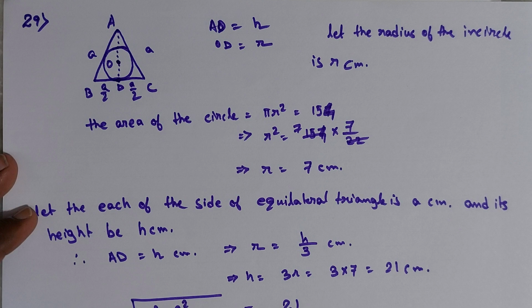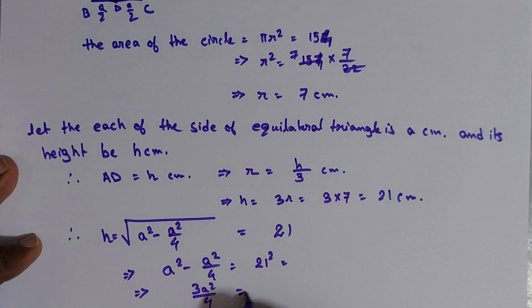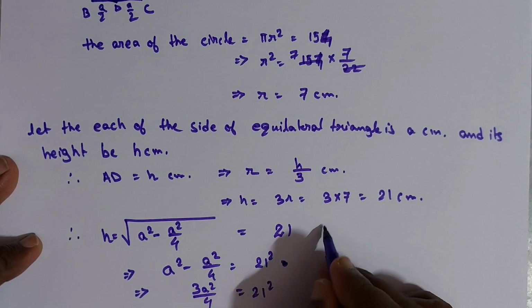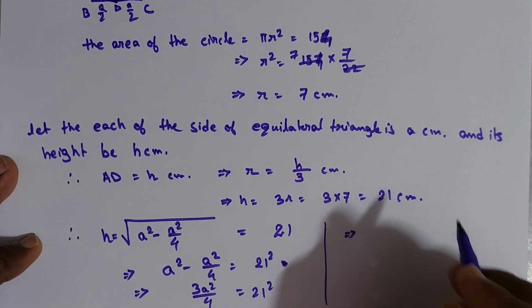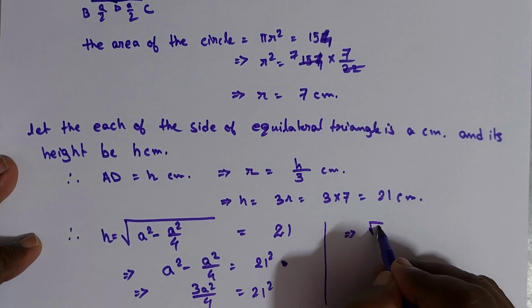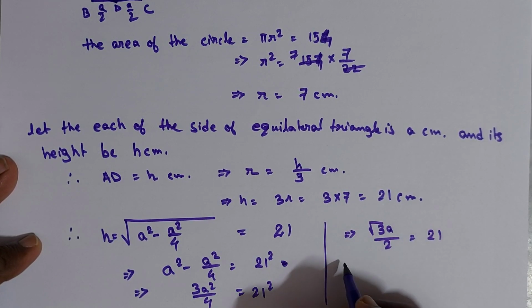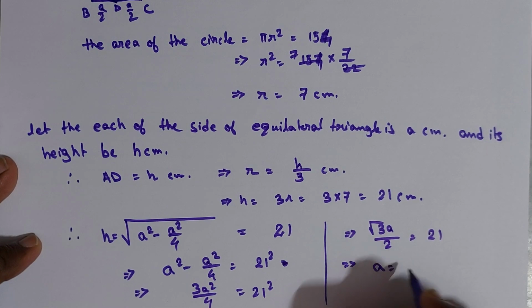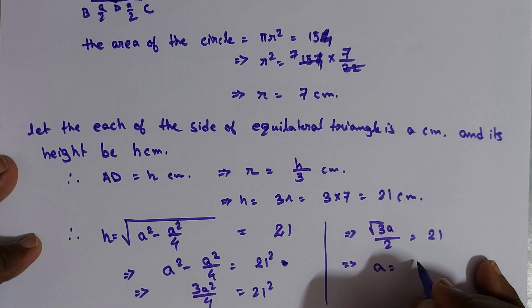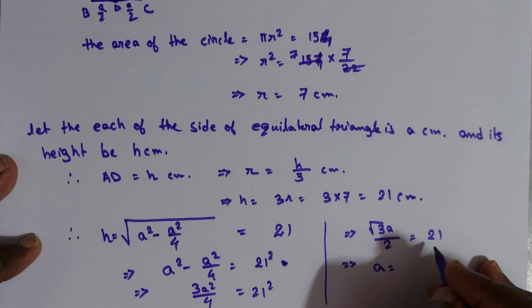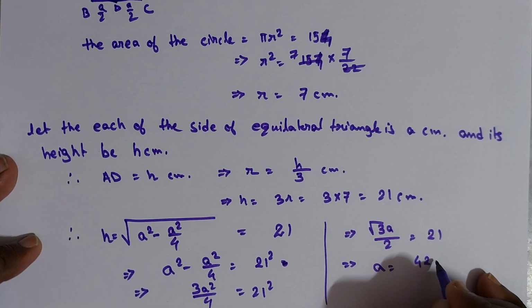So this is 3a square by 4 equals 21 square, or if we take the root, root 3 a by 2 is equal to 21, or a is equal to 42 by root 3.